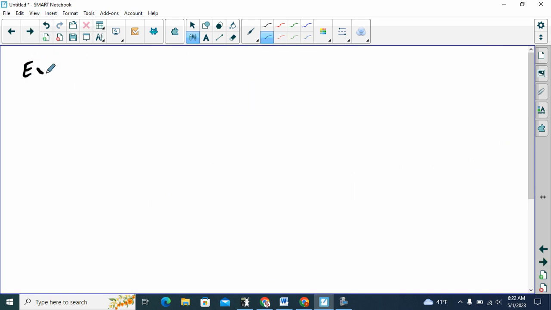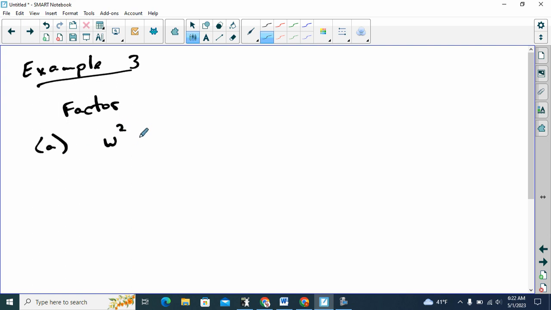Example 3. Directions again ask us to completely factor. Let's go w squared minus 2w minus 15.